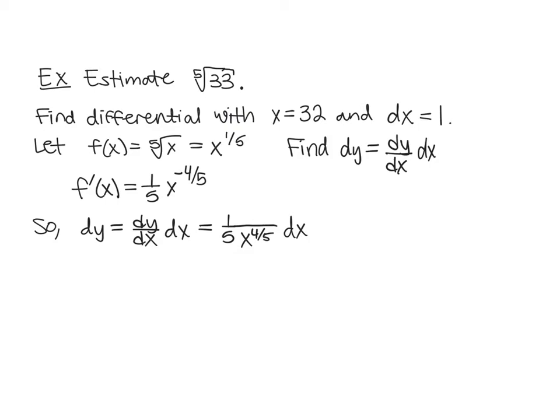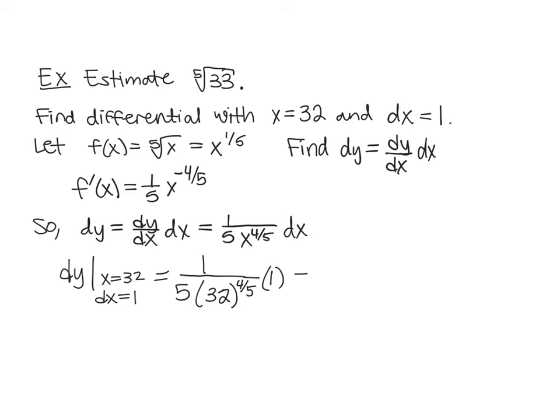We're supposing that x equals 32 and dx equals 1. So here we go. We want to find dy when x equals 32 and dx equals 1. So let's substitute in. So we have 1/5, and then we have 32 to the 4/5 times, instead of dx, we're substituting in 1.